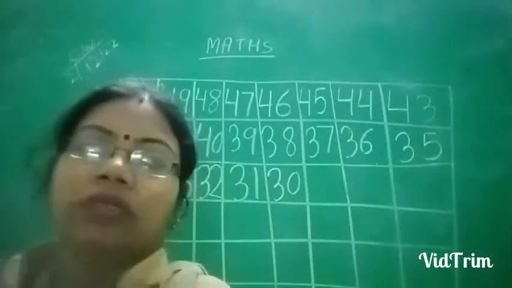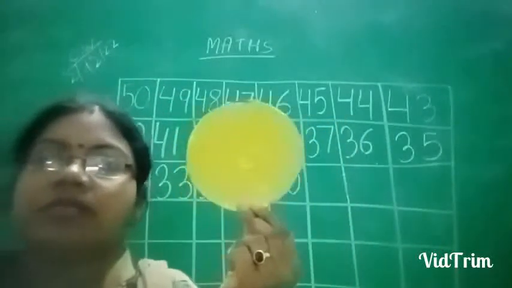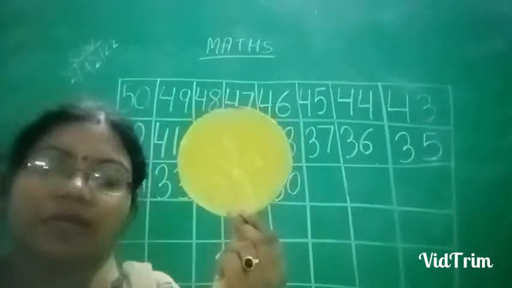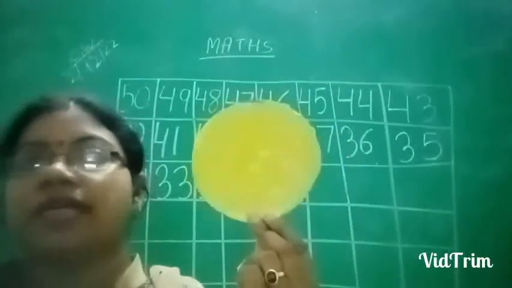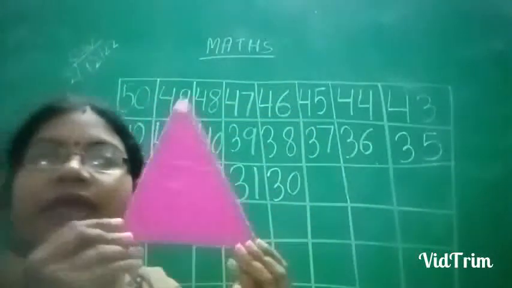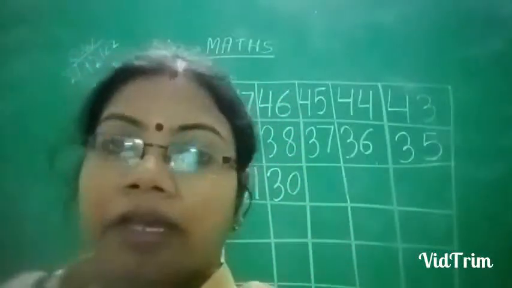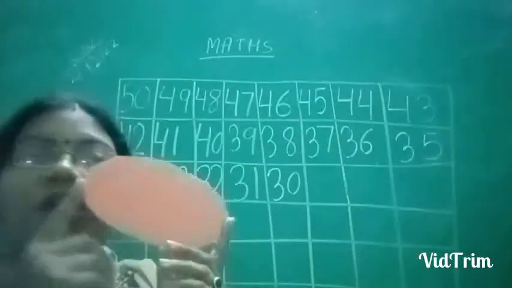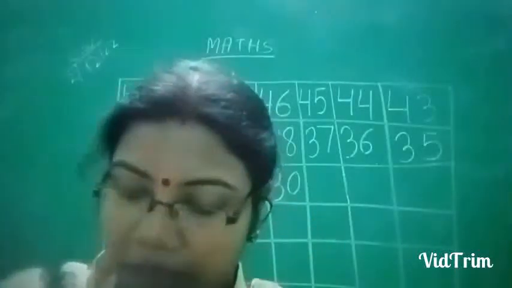So I am going to show you shapes. Remember, this is circle. This is triangle. After triangle, this is oval.